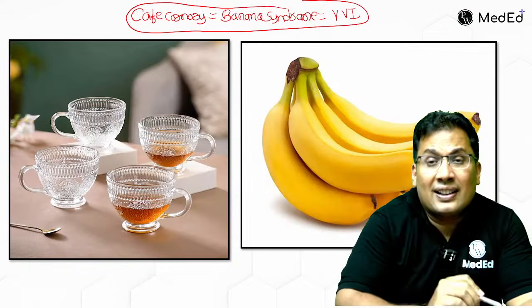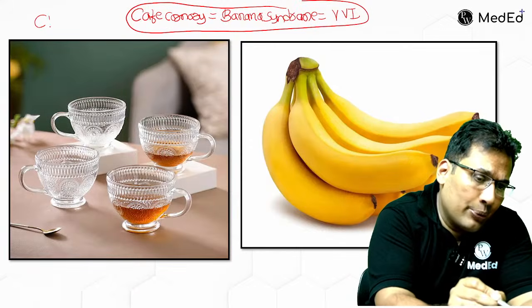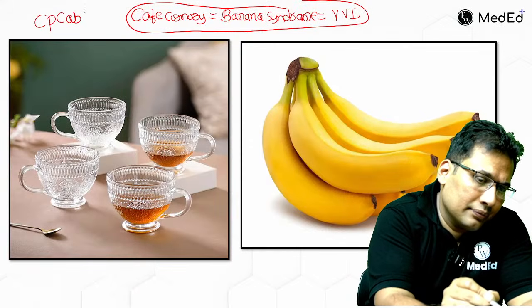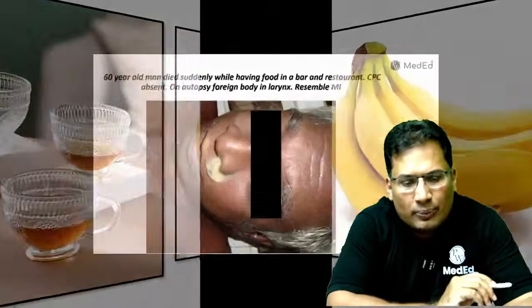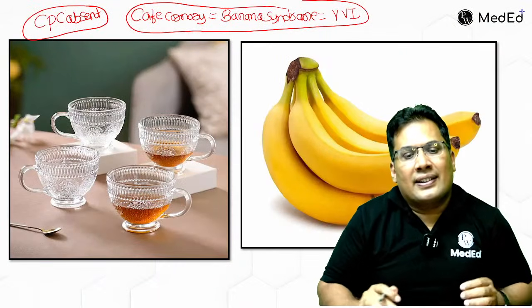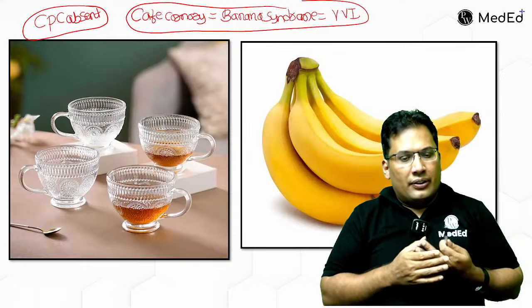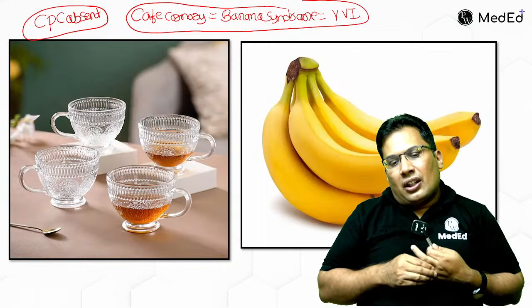In cafe coronary, there is a sudden death. CPC absent. Reflexes are absent because of the alcohol. All of you type this: cafe coronary is equal to banana syndrome.